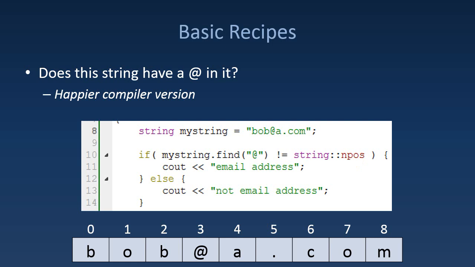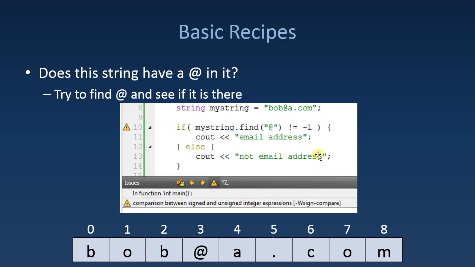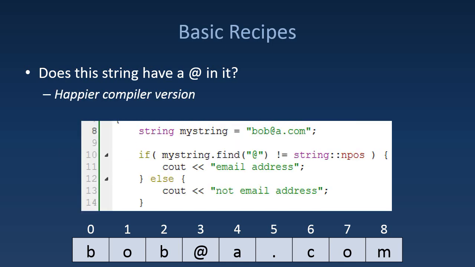If you're coming from Java or some other language, you might be used to thinking, I find it, and if it's not there, then it tells me -1. But however we structure it, we can ask a string to find a particular thing, and if it's a number that's 0, 1, 2, 3, 4, something like that, then we know it's in the string. If it's the string end position, then we know it's not there.